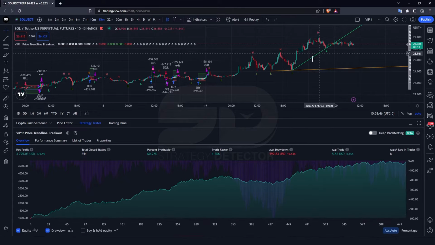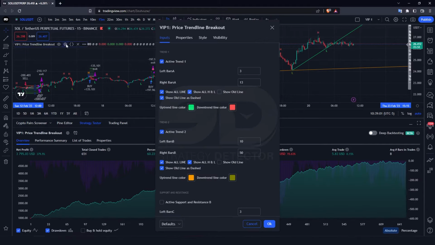This strategy draws a trend line and it will enter a position when the trend line breaks. So we take a long or short position when our trend line breaks out. In this strategy, we use three inputs. The first input is trend line 1, that I call the smaller trend line.